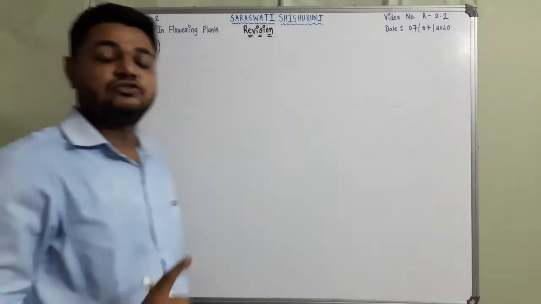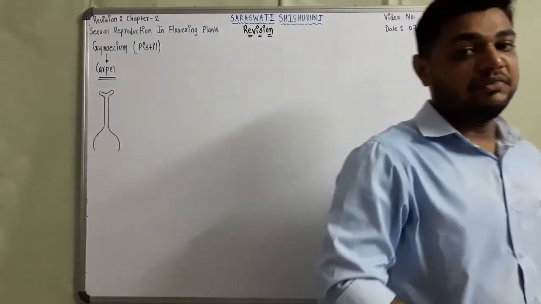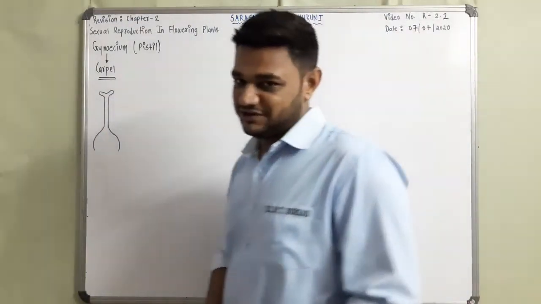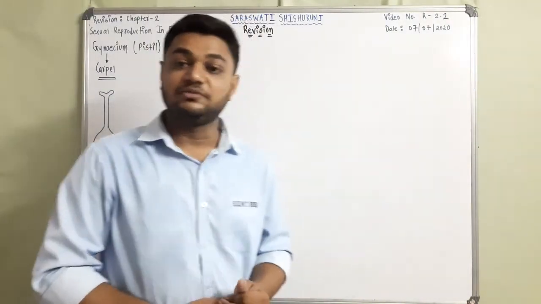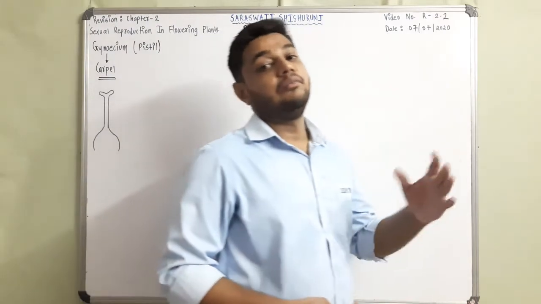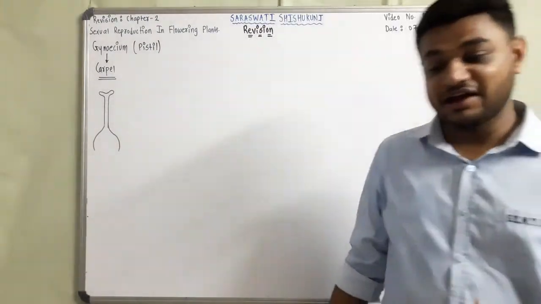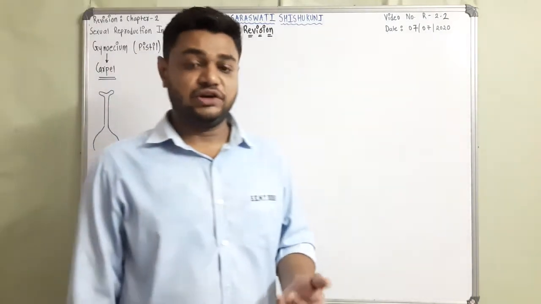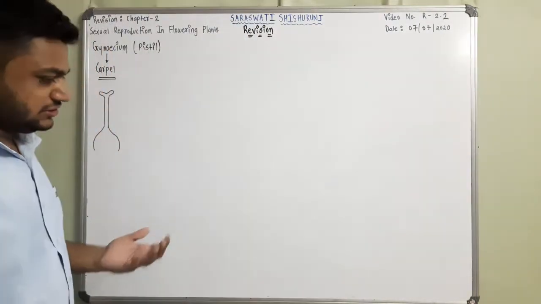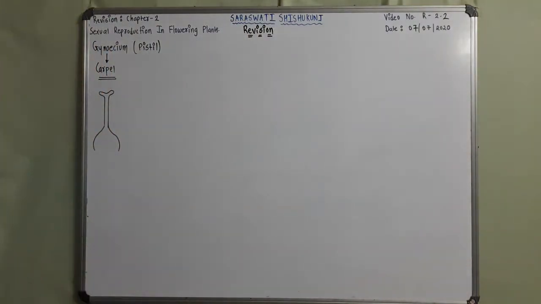There can be presence of a single carpel or many carpels. If a single carpel is present, it is called monocarpellary. If more than one carpel is present, it is referred to as multicarpellary. It can be bicarpellary, tricarpellary. If two are present, it is bicarpellary. If more than two are present, it is referred to as multicarpellary.